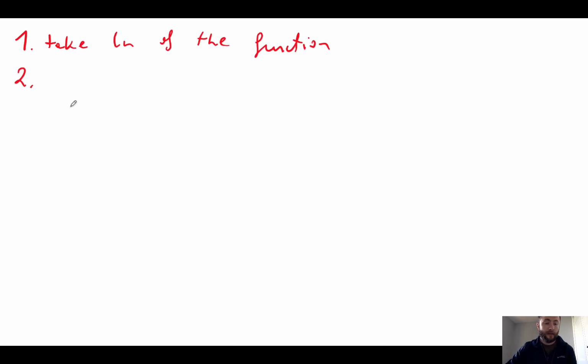Let me go over the steps again. Step 1, take the log of the function. Step 2, take a derivative of the resulting expression.